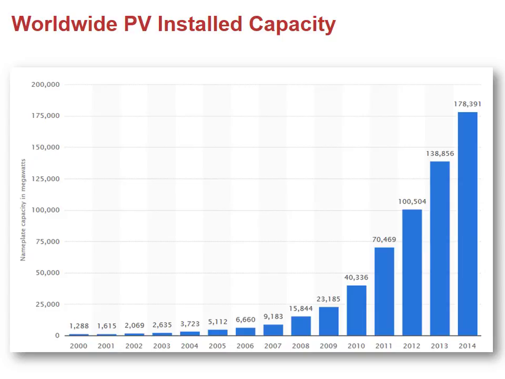Our current installed PV capacity, we'll just say, is about 200,000 megawatts. That is equivalent to fewer coal plants than you might believe. We'll talk about that a little bit in the future. But while we're going up a lot with PV capacity, it still is a very, very small fraction of our actual capacity for electricity generation in the world.